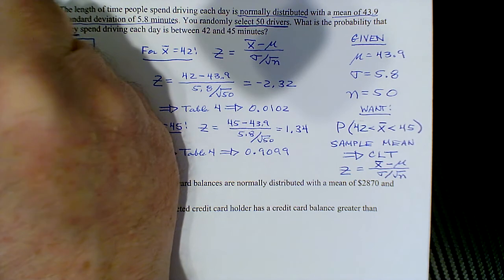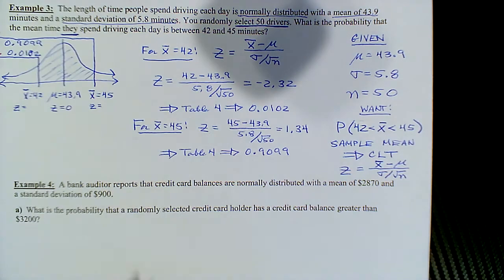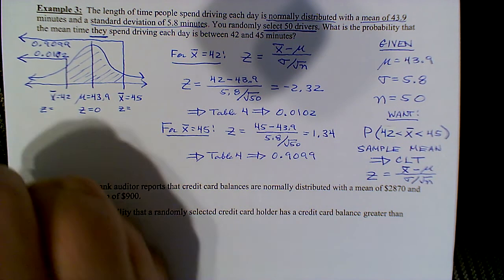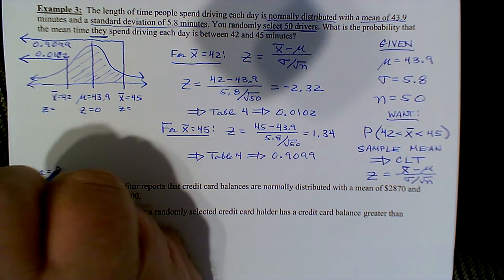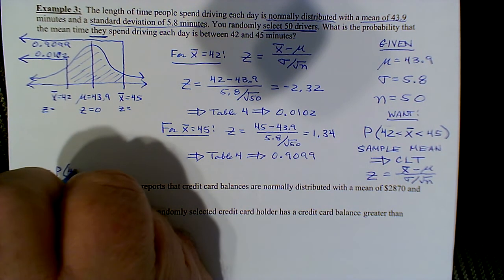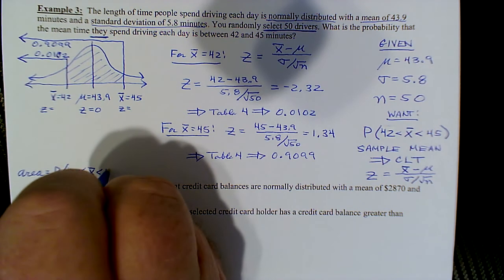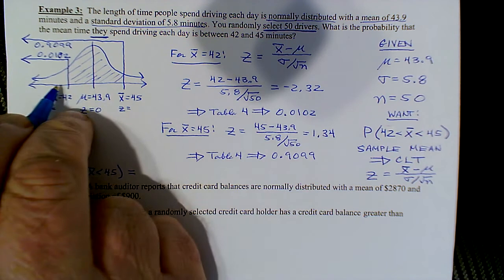So that's this area. Okay, so we want everything in between. So the area that we're looking for, or the probability that x bar is greater than 42 and less than 45, because it's everything in between these two values.